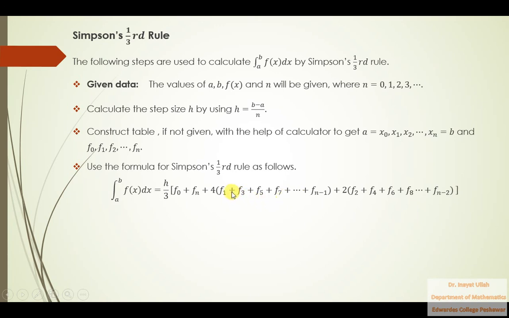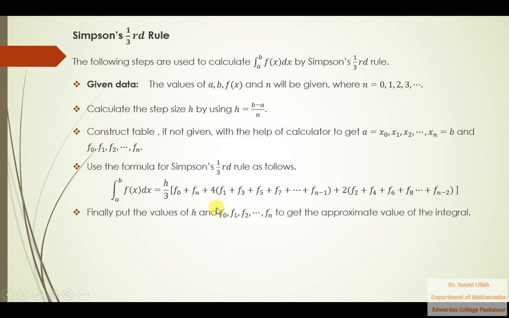And similarly 2 will be multiplied with the sum of those function values whose subscript is even: f2, f4, f6, f8 and so on. So 2 will be multiplied with those function values and 4 will be multiplied with the sum of odd subscript function values. So this is called Simpson's 1/3 rule.